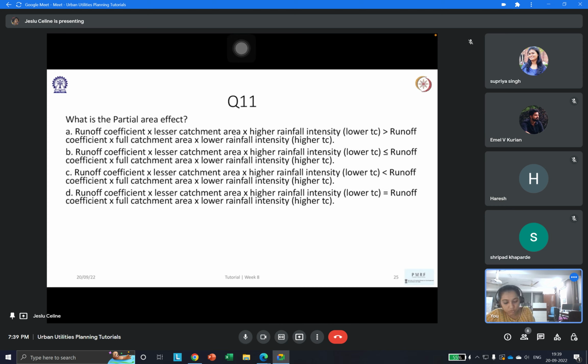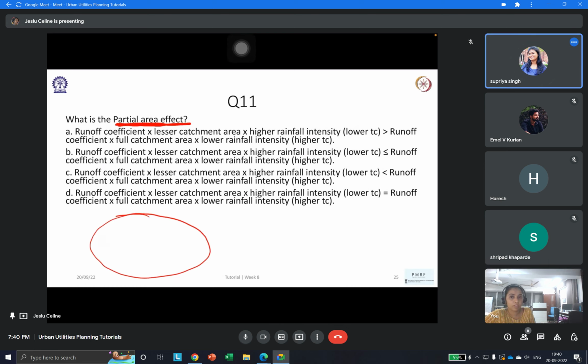This is what we need to relate. Imagine we have this whole area, the overall catchment area. We learned something called time of concentration.